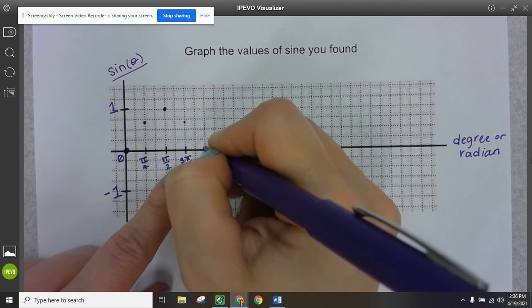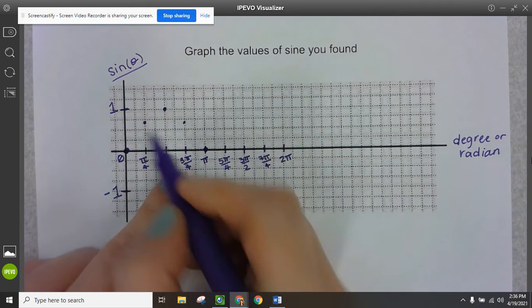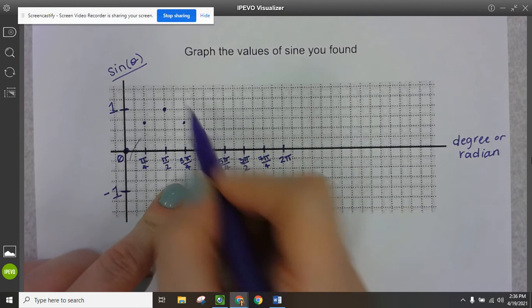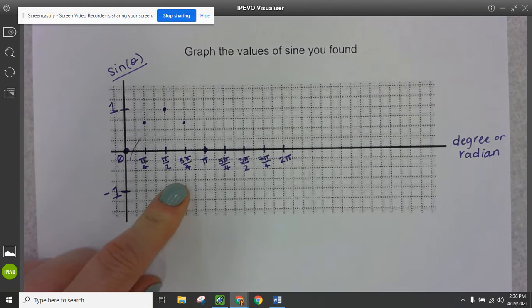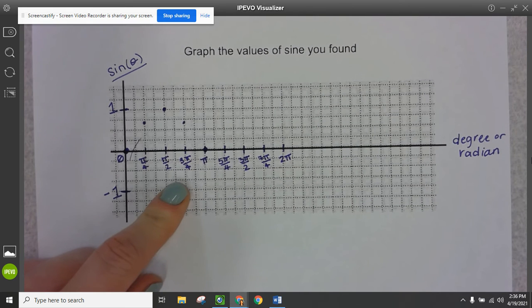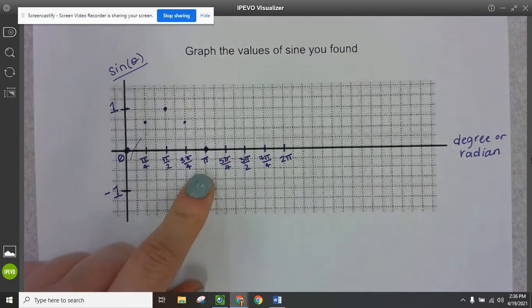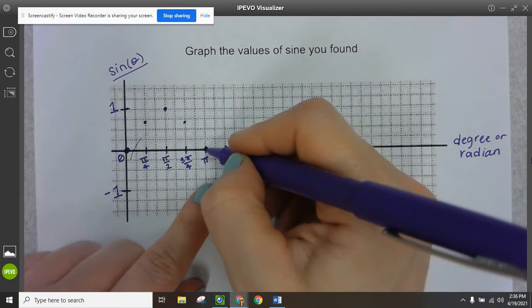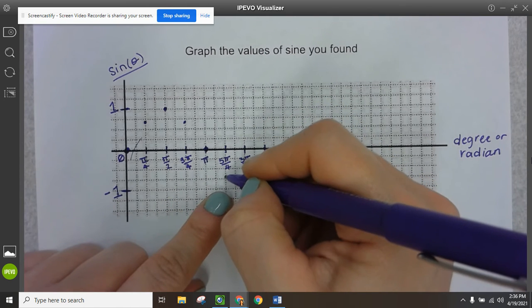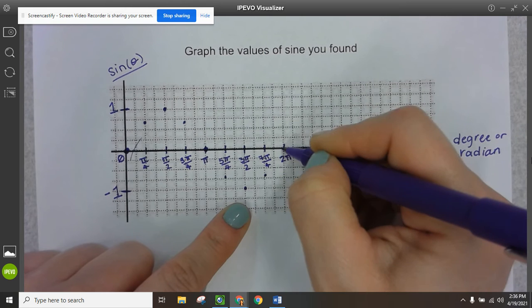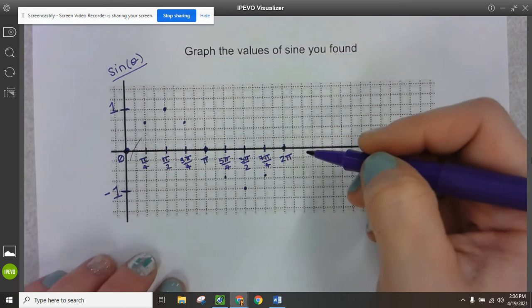And I'm going to fill in. So these points here, oops, didn't mean to write on my paper. These points here are all of the sine values we found on the top half of our circle. Now I'm going to go to the bottom half. These are where the sine values became negative. So here I am down below.